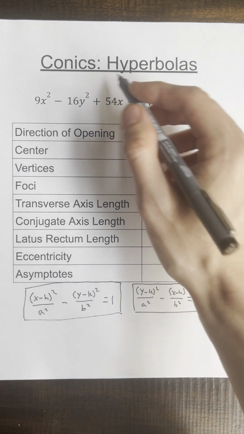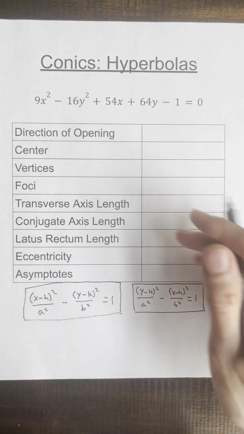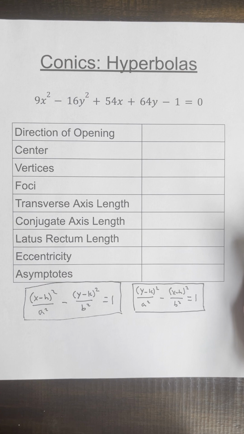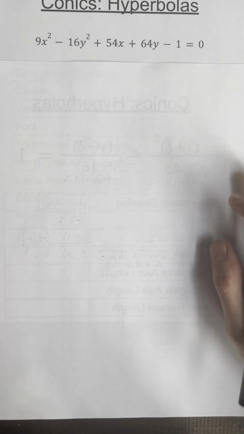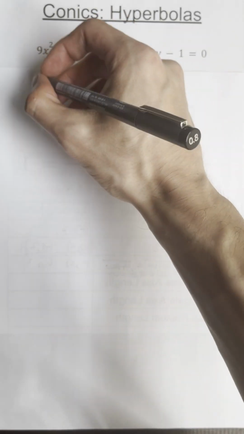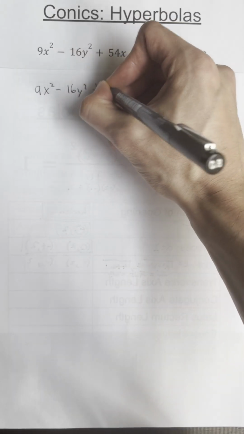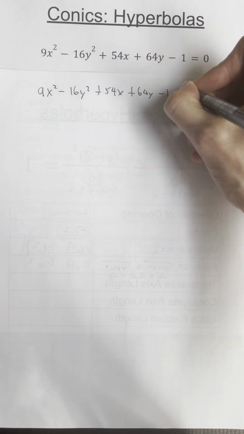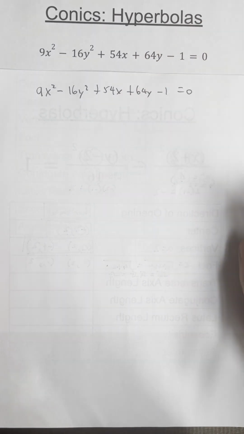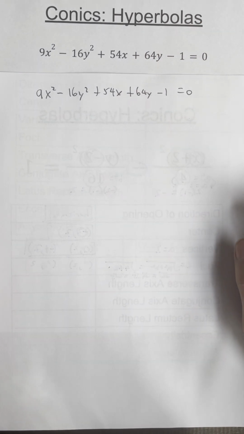Okay, so how do we go from this to standard form? Well, we need to complete the square. So I'm going to copy this equation real quick. Okay, so 9x squared minus 16y squared plus 54x plus 64y minus 1 equals 0. Do you remember how to complete the square?